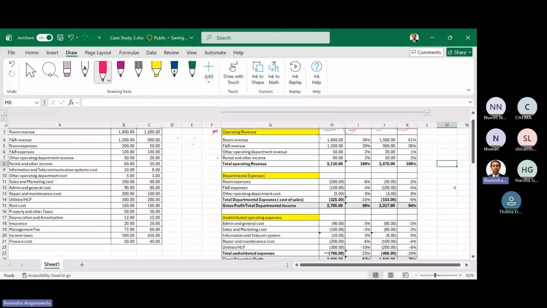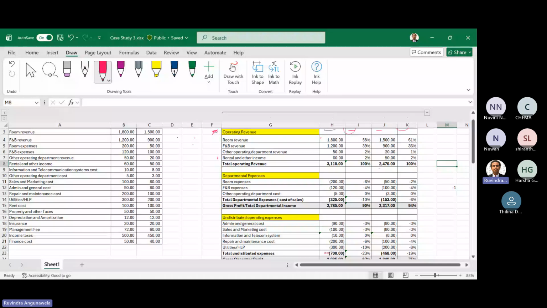So if these shop spaces are actually on the hotel's own property, then you can take it as operating revenue because the hotel is the one who is operating these spaces. Although you have leased it out to some other person, you still earn a rental income. So you can categorize that as operating revenue. Okay.